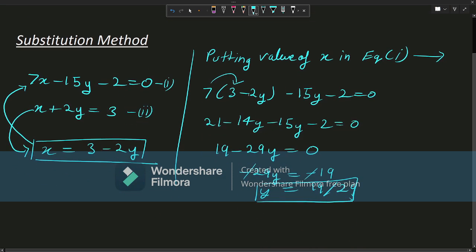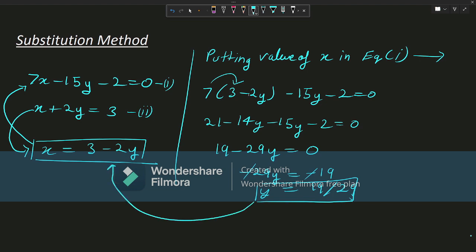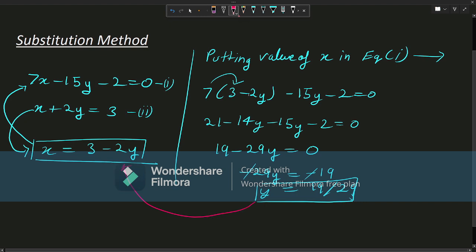And then simply you have to do one thing: putting the value of x in equation 1, you get the value of y. Now you have to put the value of y in this equation. I will label this in red with the red pen, because this step is really important.